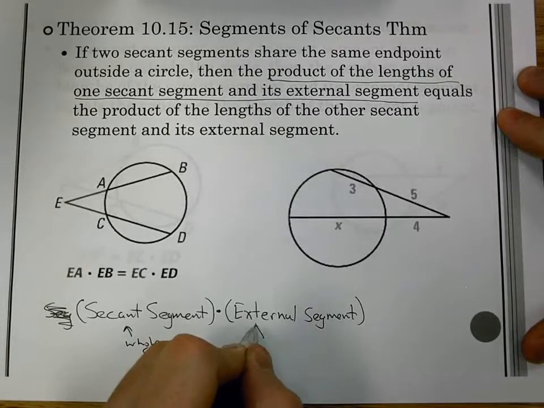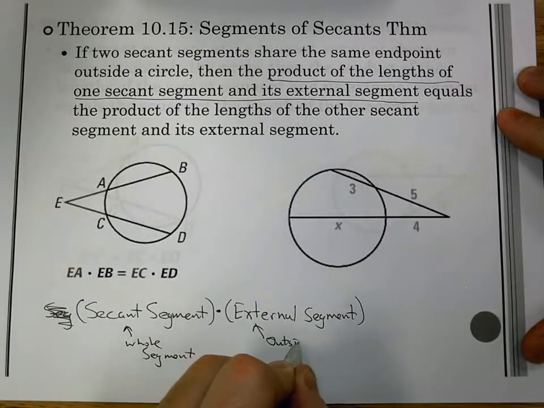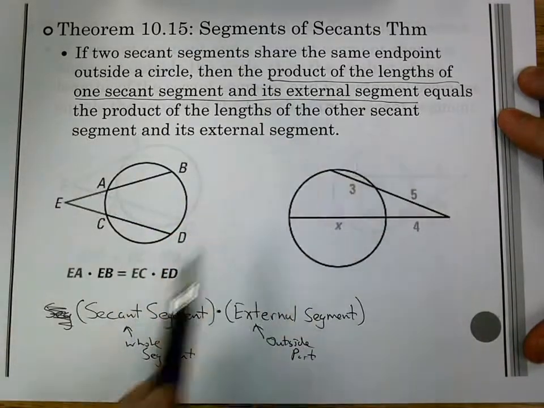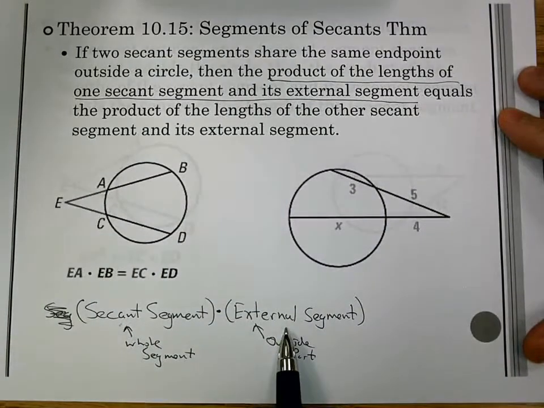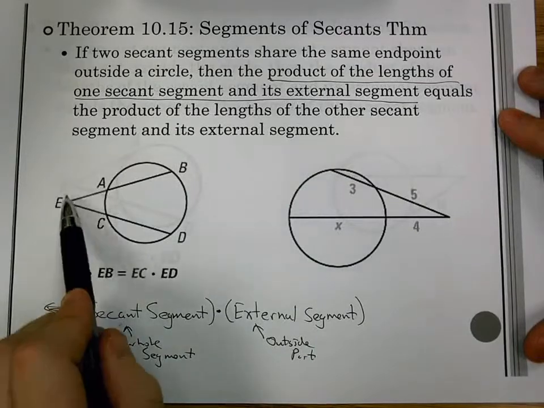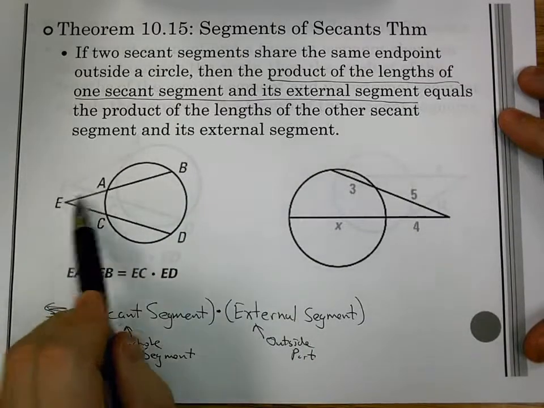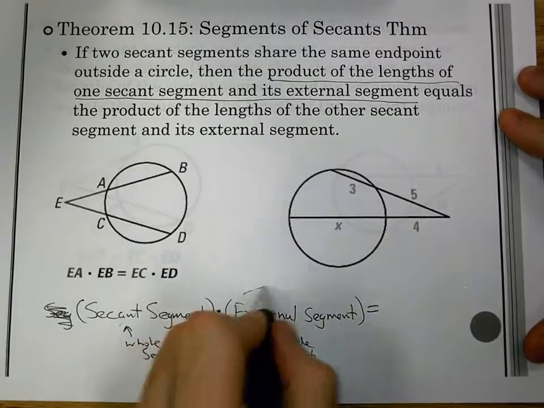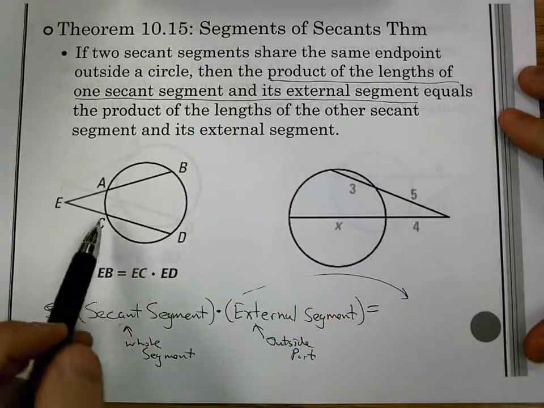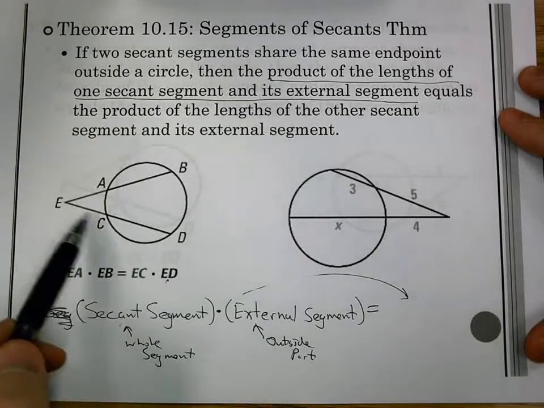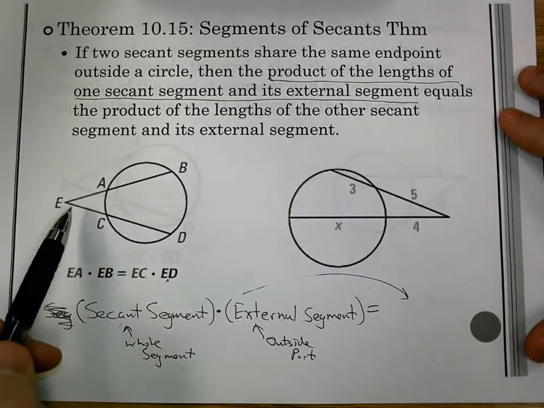The external is the outside part. So, here I'm going to do the product, I'm going to multiply the secant segment times the outside part, which if we look here, EB, secant segment, EA, outside part, and that's going to be equal to the same thing on the other side, the secant segment times the external, or ED, entire secant segment, times EC, the outside.